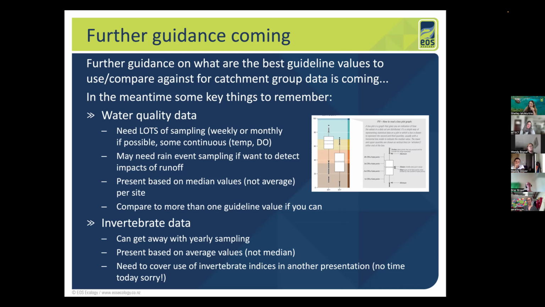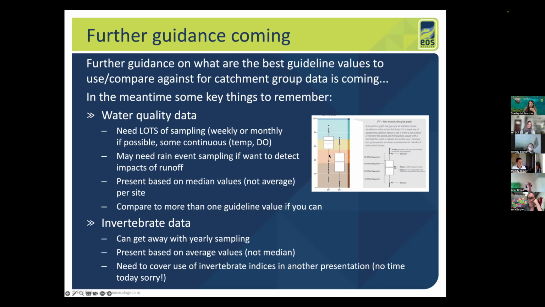So typically the average isn't used for water quality, because water quality can be so variable. All these little dots here are the outliers in the data set, and you can see the whiskers, the error bars, are quite broad. Water quality data is inherently variable, so if you use the average value, those bigger and smaller values are going to have a disproportionate effect on your average.